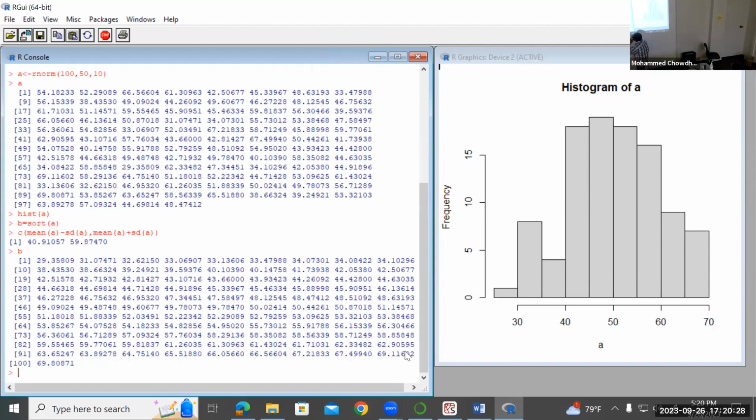Now compute. It is starting from 40, right? So 40 here. 1, 2, 3, 1, 2, 3, 4, 5, 6, 7, 8, up through 68.